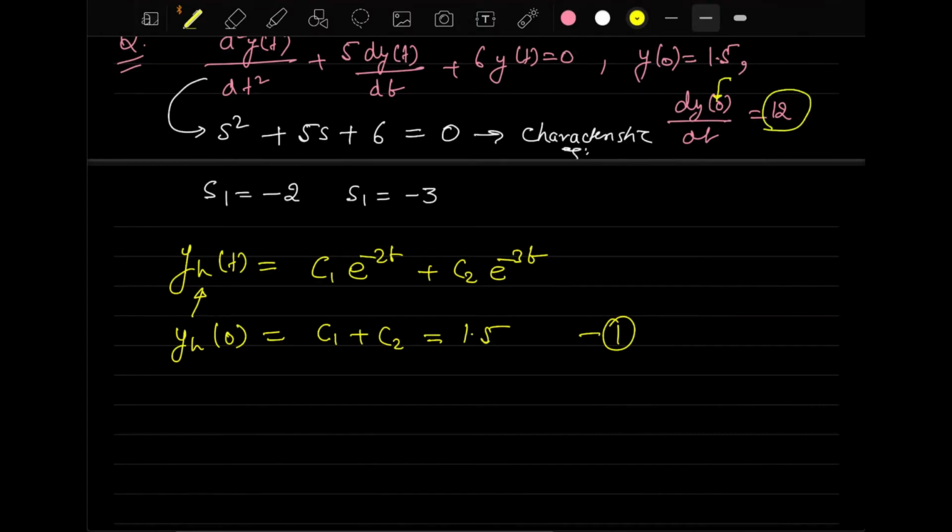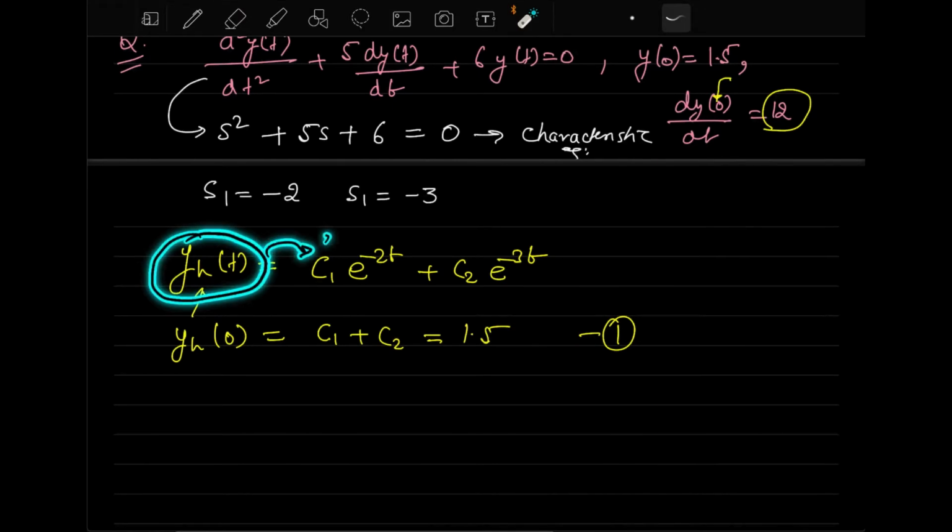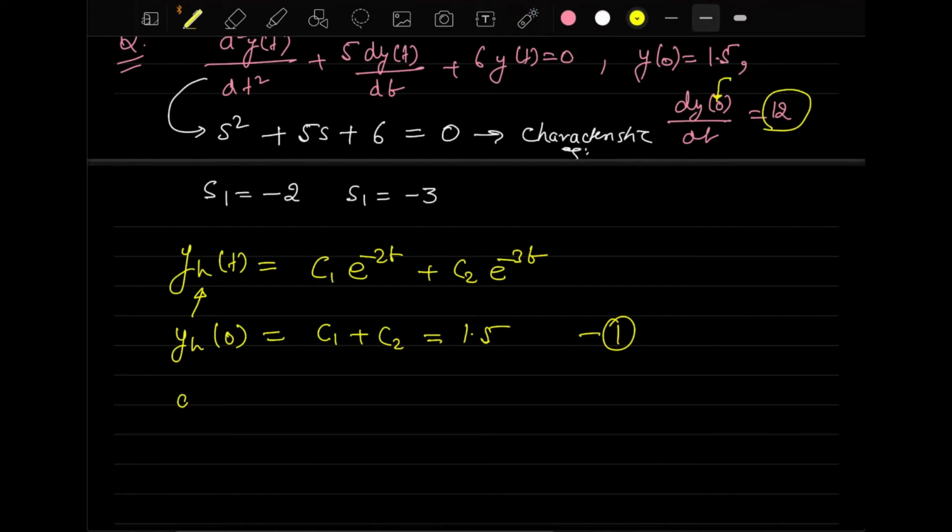Now once you do that, first of all, there is no term that involves d/dt of yh(t), so you have to take the differentiation of this term. If you take the differentiation of the term given at the top, it will be minus 2 C1 e^(-2t) minus 3 C2 e^(-3t).